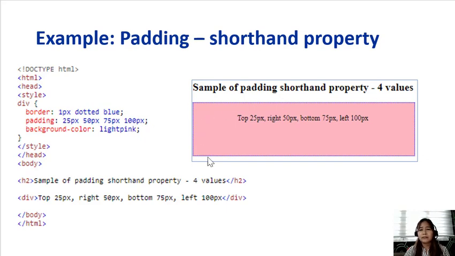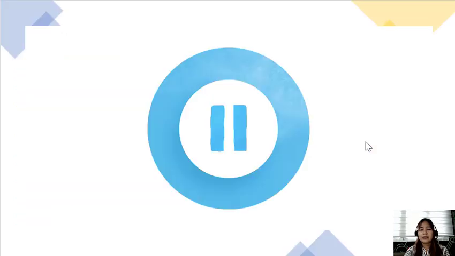Given this particular padding specification, the output will be like this. Now, another way that you could write it is by specifying variations of this. So rather than specifying 4 values, you could use only 3 or 2 values or even 1, as what was shown in the previous slide. But at this point, I want you to pause your video first, and I want you to try out the padding in that shorthand property.